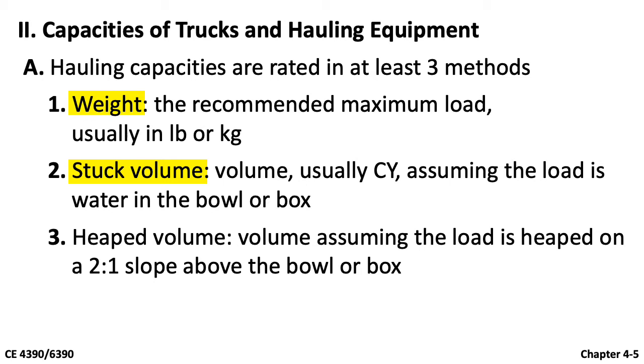It is the total volume when assuming that the load is water, so it is level at the top of the box. Number 3, heap volume. This is the total volume considering the material that is heaped on top of the box. We typically assume a 2 to 1 slope for the material portion above the box.